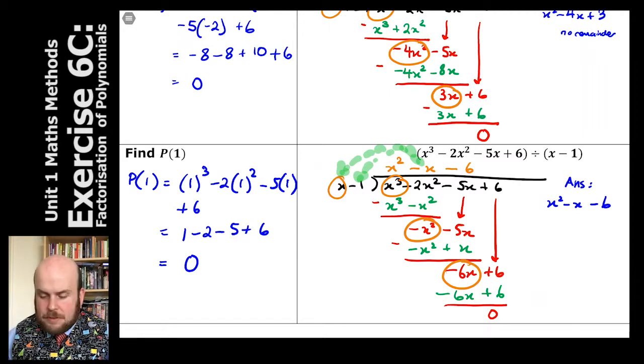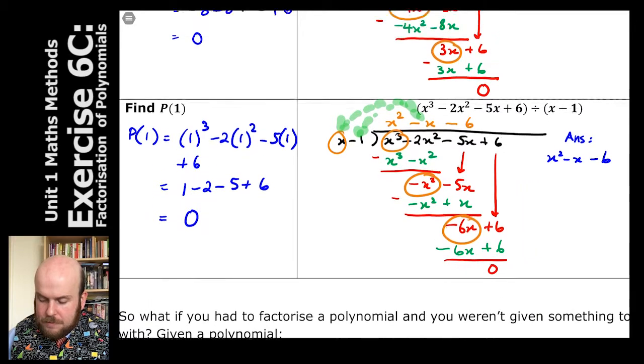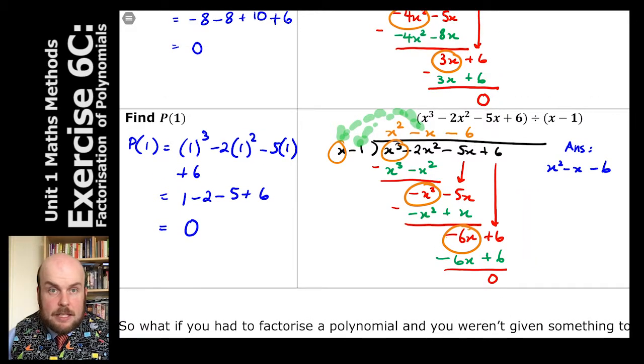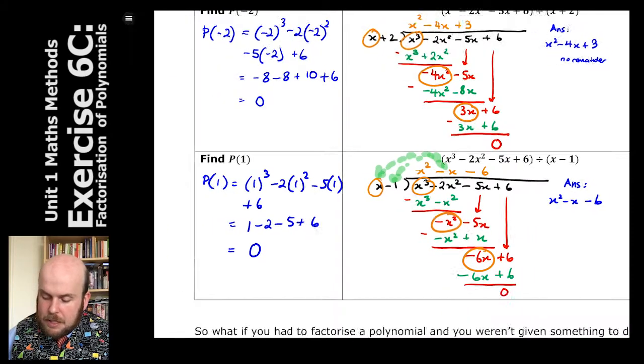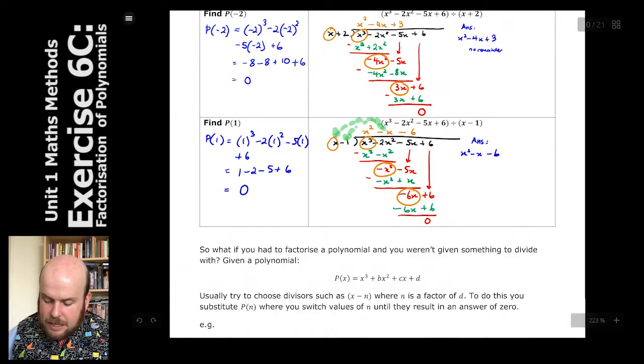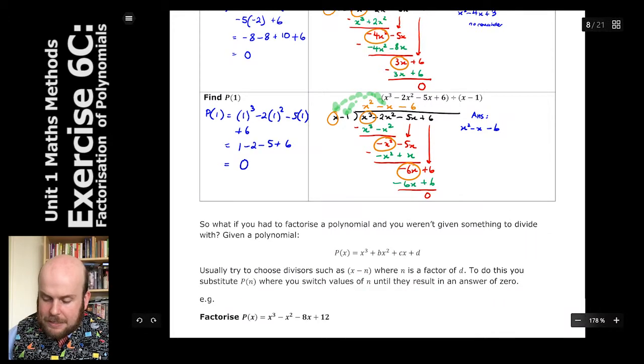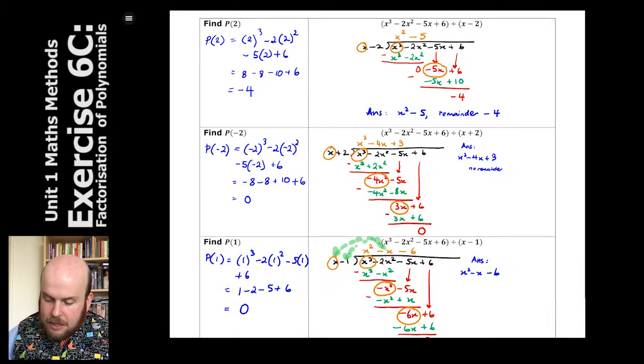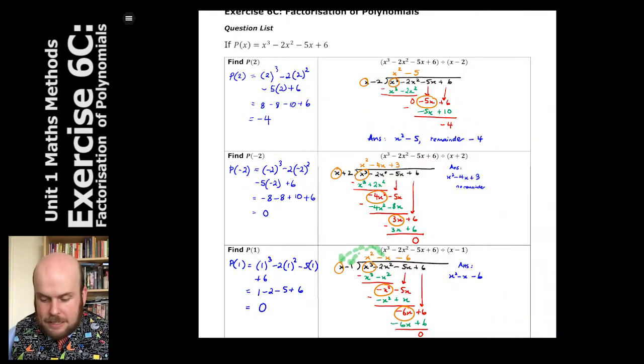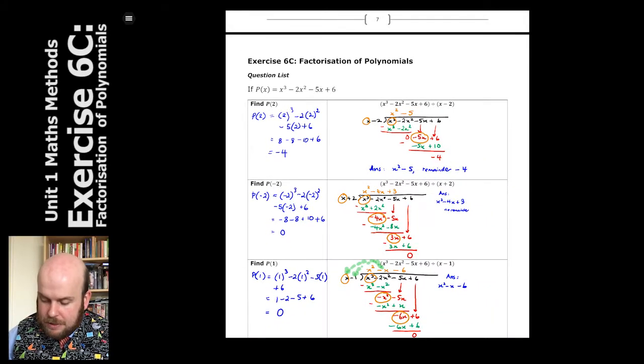So that's an interesting set of things that we've discovered here. We've been able to divide these polynomials, and there has been some sort of pattern. It's referred to as the remainder theorem and also the factor theorem.